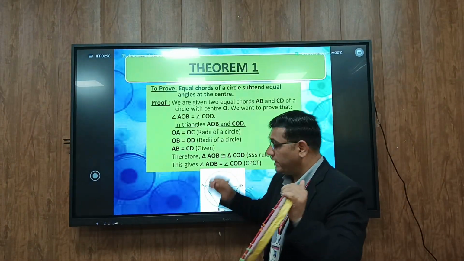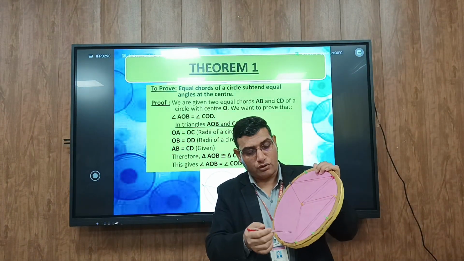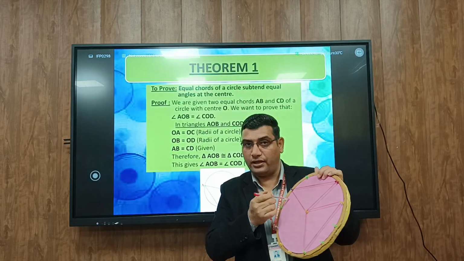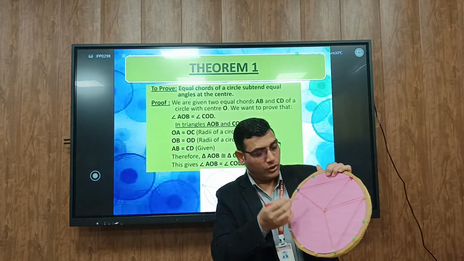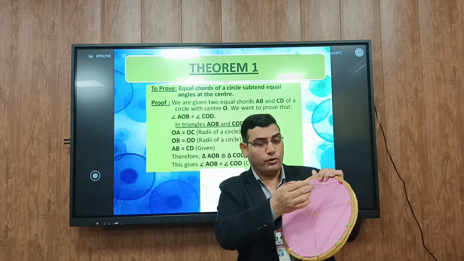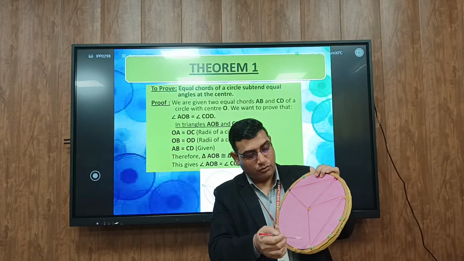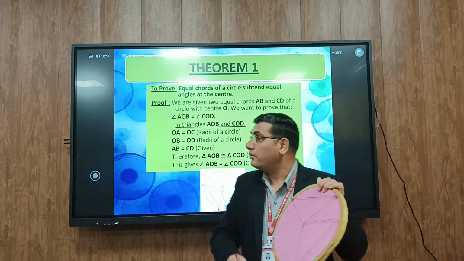If you name the chords AB and CD, and the center is O, you have to prove angle COD is equal to angle AOB.